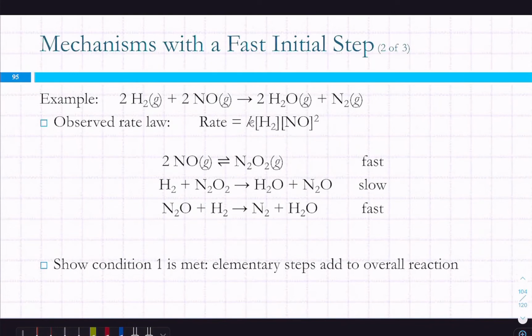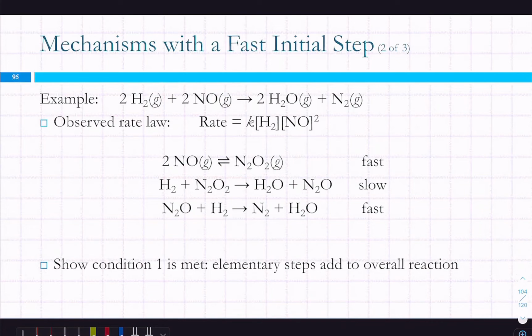So here's one example of this. If we have hydrogen reacting with nitrogen monoxide to produce water and nitrogen gas, this first step is fast. So the nitrogen monoxide quickly reacts with another nitrogen monoxide to produce dinitrogen dioxide.